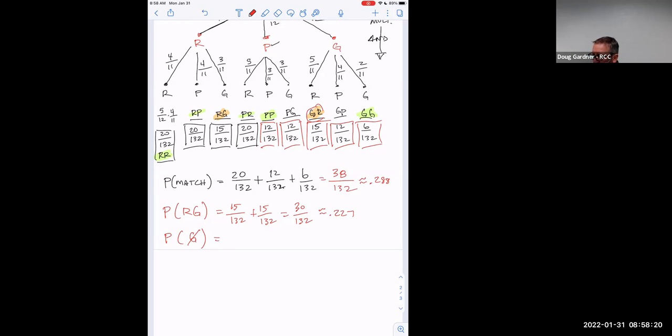Well, let's see, how many possibilities are up here? 1, 2, 3, 4, 5, 6, 7, 8, 9. Of those 9 possibilities, how many of those don't have any greens? All we gotta do is add those up. And there's not very many greens, so that feels pretty likely. So let's see.